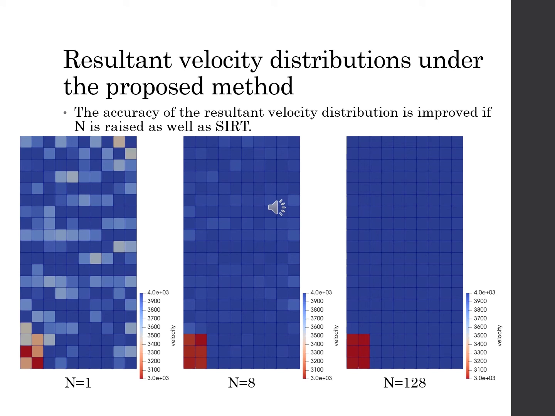If the resolution of the source location is lower, we can see many errors, shadows, in the resultant velocity distributions. However, if the resolution is raised, the quality of the resultant elastic wave velocity distribution is improved, as shown in these figures. So we can see that the accuracy of the resultant velocity distribution is improved if n is raised, as with SIRT, even with the proposed technique.